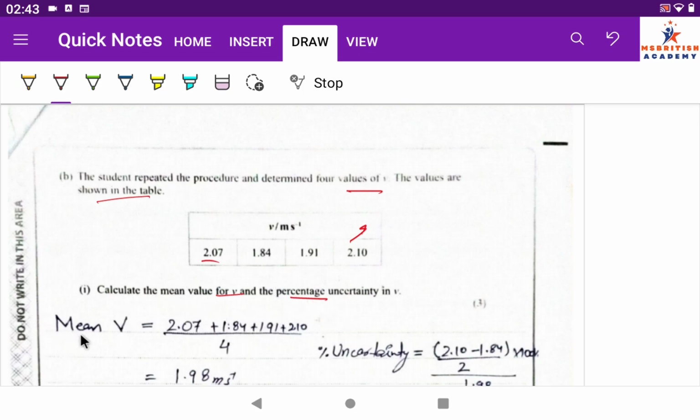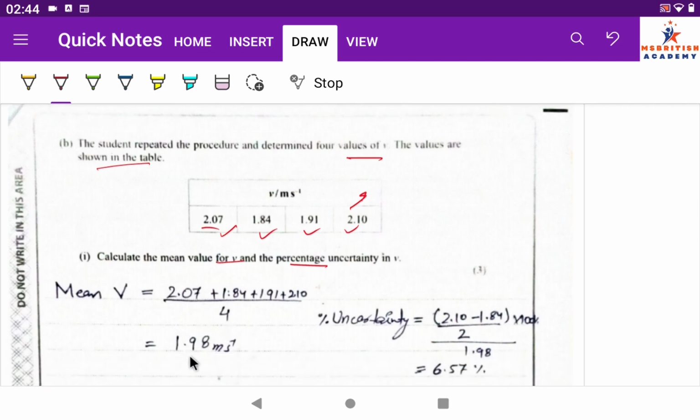So what is the mean velocity? It is the sum of all the values of velocity divided by the number of terms. Here there are four, so we add all these values and divide by 4. So we get the mean velocity as 1.98. And how is the uncertainty calculated?